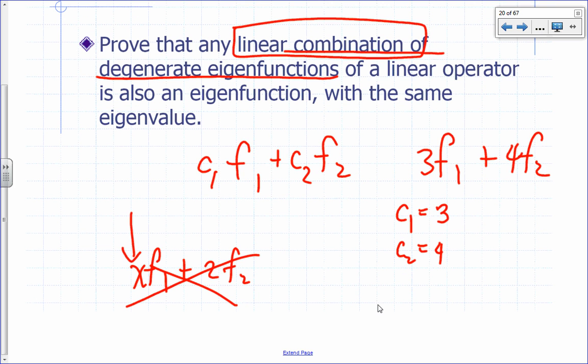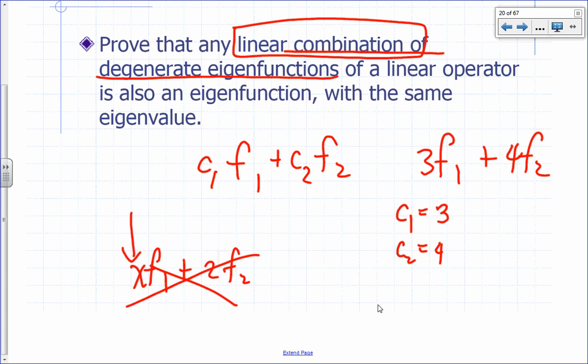So a linear combination of two functions means constant times function 1 plus constant times function 2. If we have three functions, what's a linear combination of those three functions? Constant times function 1 plus constant times function 2 plus constant times function 3. So that's what we mean by a linear combination.